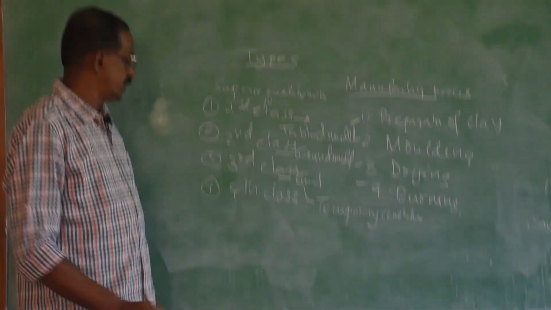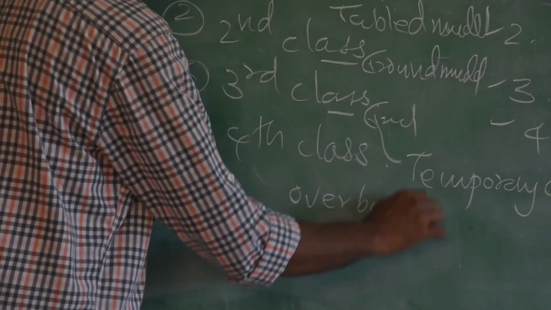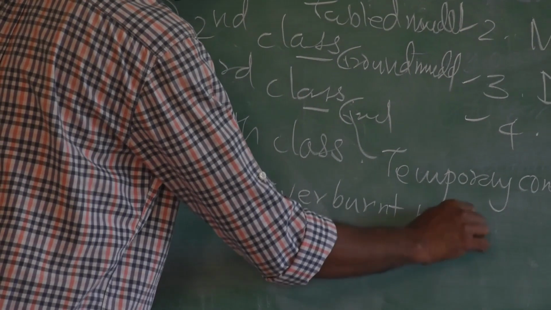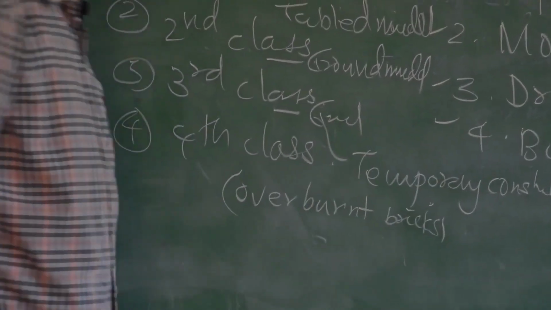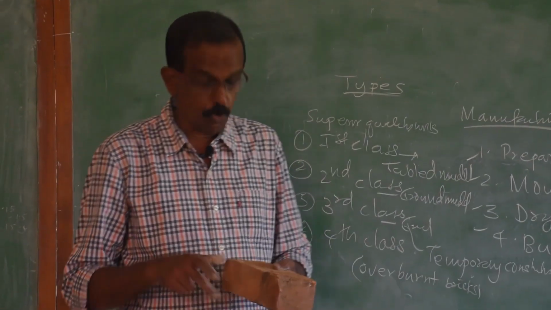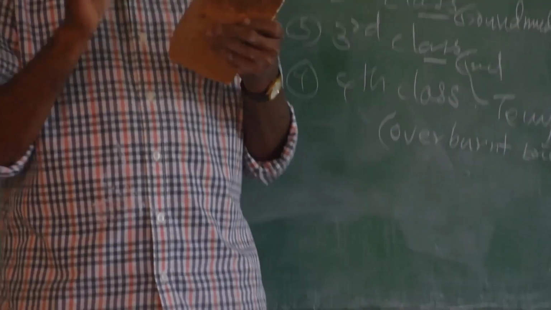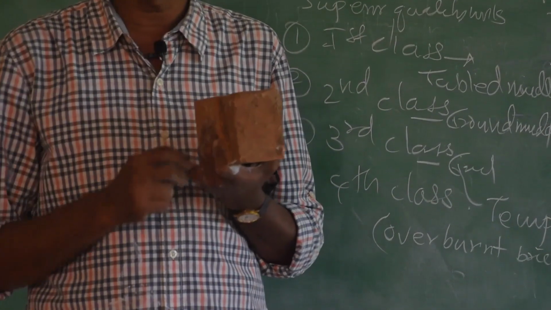And coming to the fourth class brick, they are also called overburned bricks. So, it is not used for any permanent construction or any temporary construction. Overburned brick means color will be more or less same as this dark brown color, dark reddish brown color.